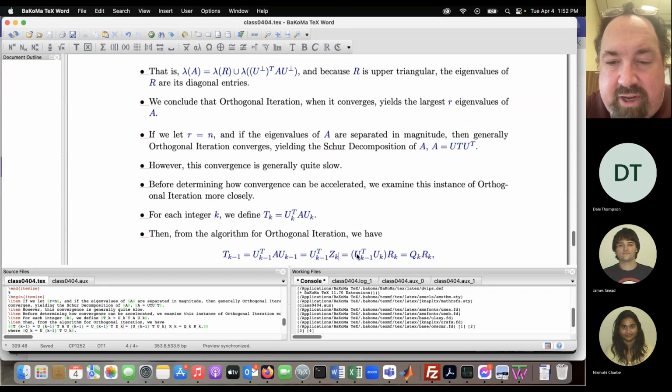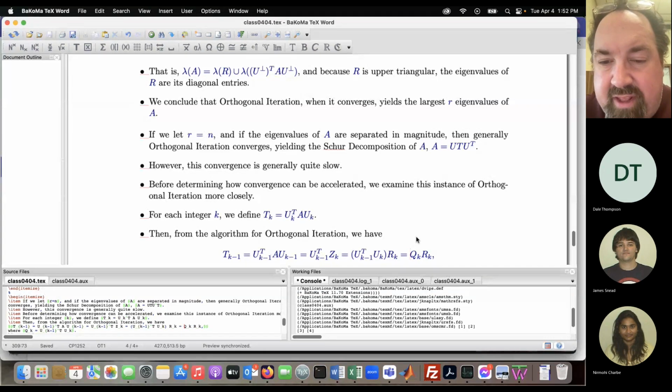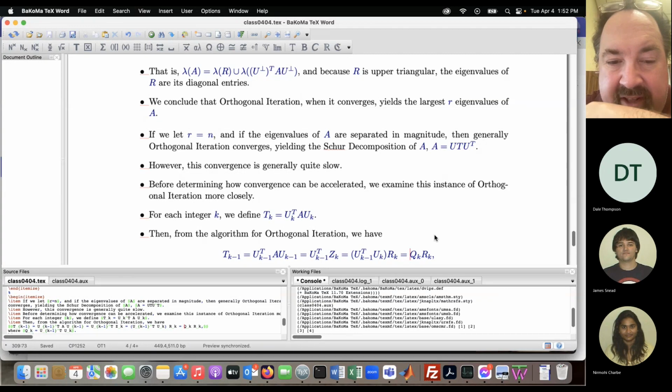So then I take these matrices that have orthonormal columns and I multiply them together, and then I get this matrix that I'll call Q_k that also has orthonormal columns. In fact, this is an n by n orthogonal matrix, because the product of any two orthogonal matrices is also an orthogonal matrix.